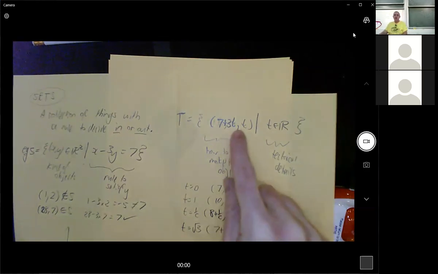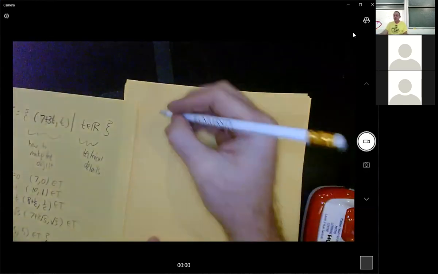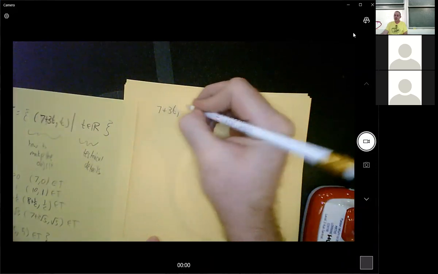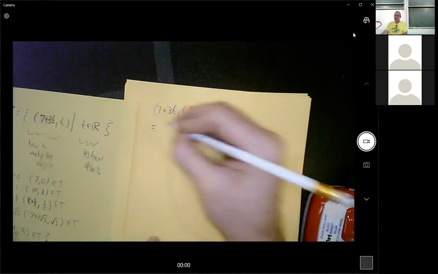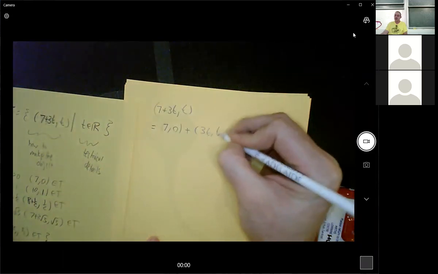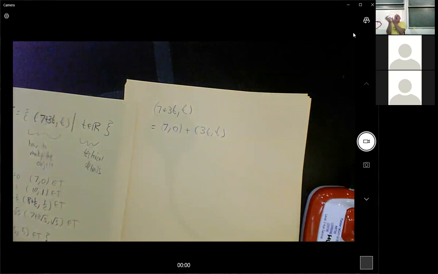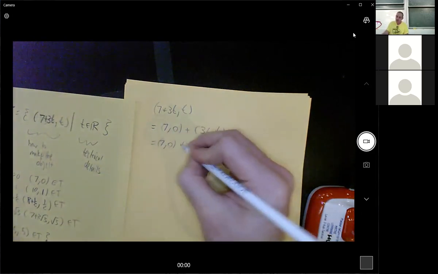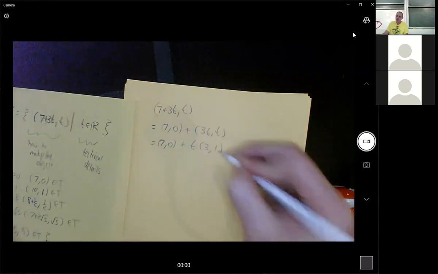But if I attempt to draw this, then the quickest way would be 7 plus 3t would be 7, 0 plus 3t, because they're vectors, I'm allowed to split them up with addition. And this would be 7, 0 plus t lots of 3, 1.